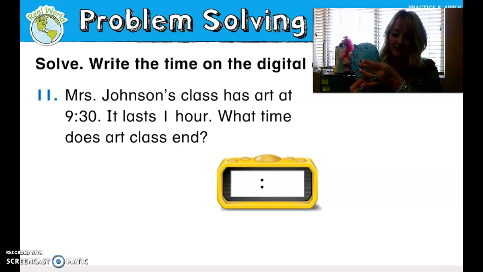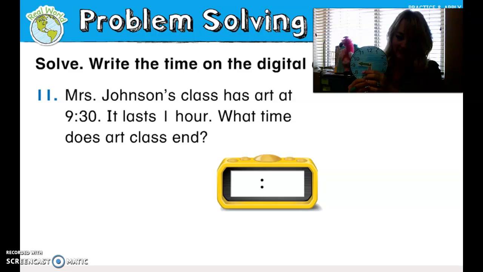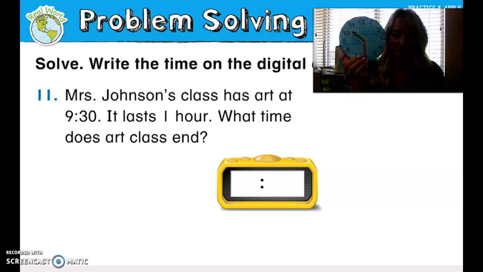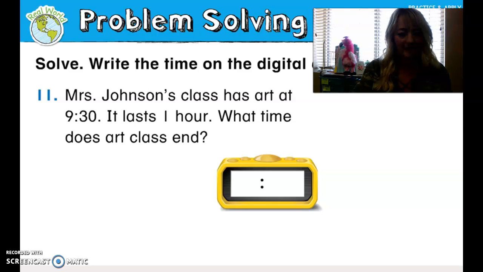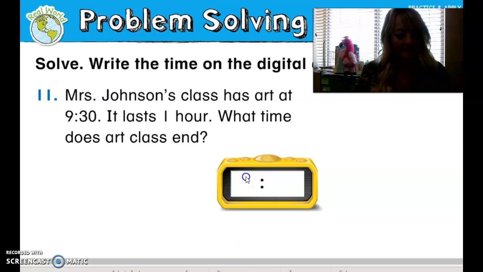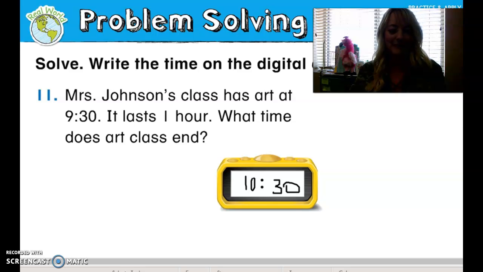The minute hand will go all the way around and back to the 6 because that's where it started, for an hour. And then the hour hand will move just that far to 10:30. So the class ends at 10:30. That's the way you write it digitally, hour separated by the colon from minutes.